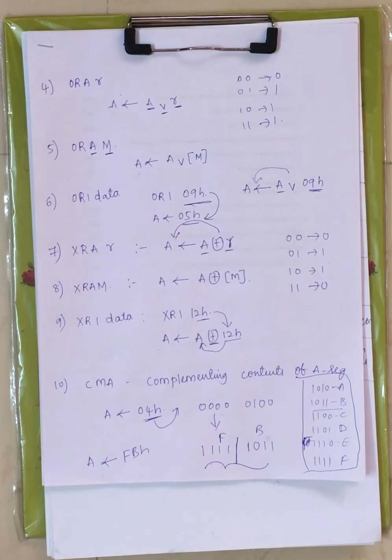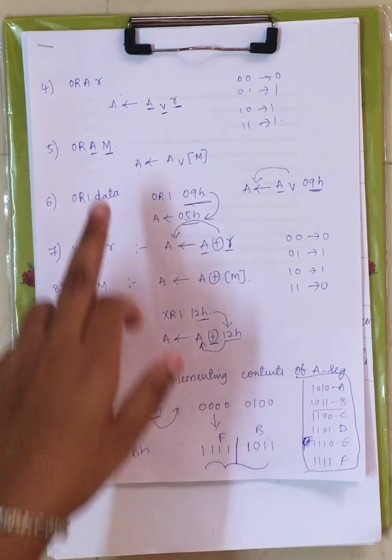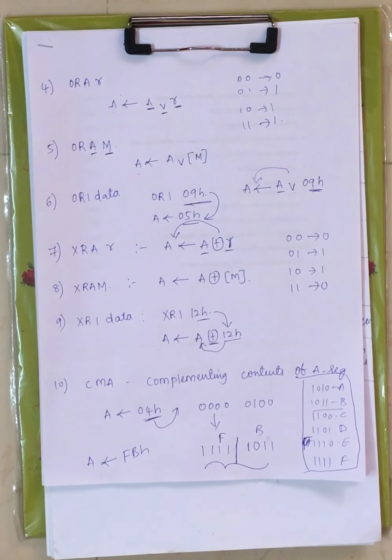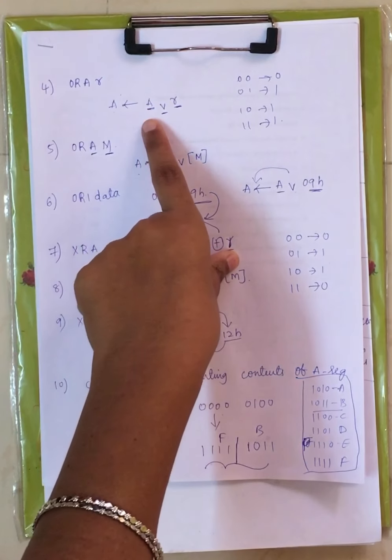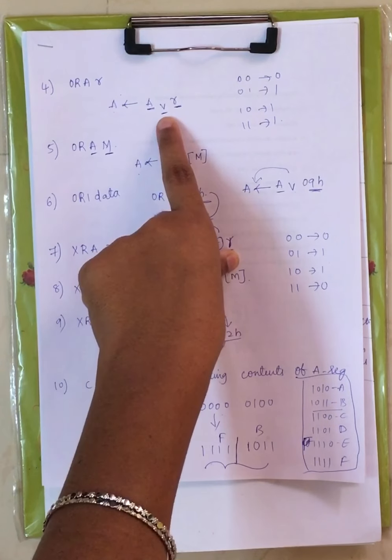Now let me briefly explain ORAR. Coming to the 4th instruction, ORAR: this will do the logical OR operation between the contents of the accumulator and the contents of register R. This is the symbol of logical OR.